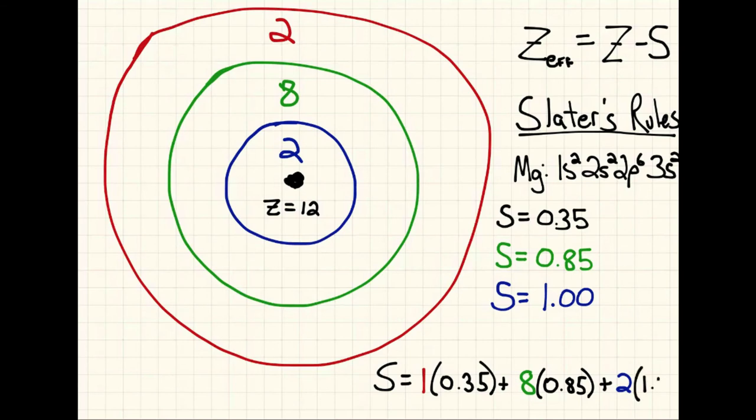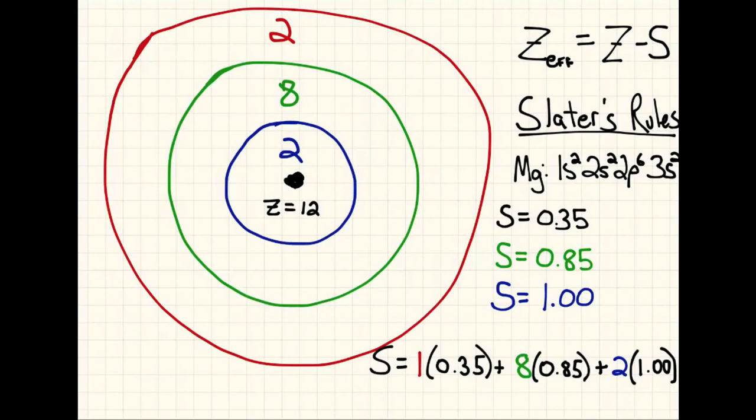And each of those electrons, in fact any electron further in than this zone, will shield with 100%. So if I add all of that up, my 0.35 plus my 8 times 0.85 plus my final 2, that would be left.